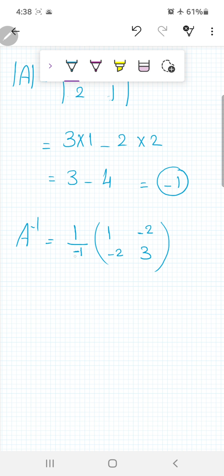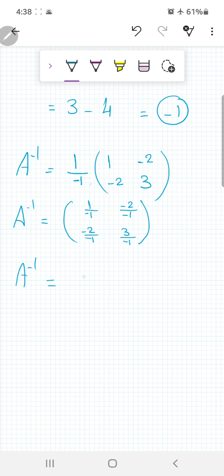All elements here will be divided by negative 1. So here we have a matrix: 1 over negative 1, negative 2 over negative 1, negative 2 over negative 1, finally 3 over negative 1. And by using your calculator to simplify, we get here negative 1, 2, 2, negative 3.